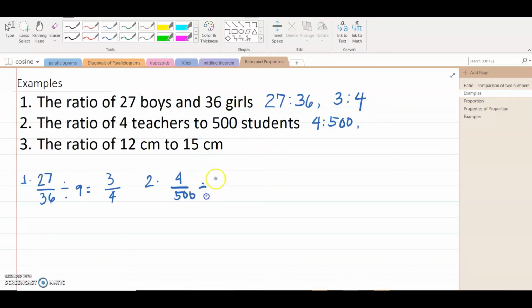We can divide by the GCF of these two numbers, which is 4. So 4 divided by 4 is 1, and 500 divided by 4 is 125. So that means every 1 teacher corresponds to 125 students.